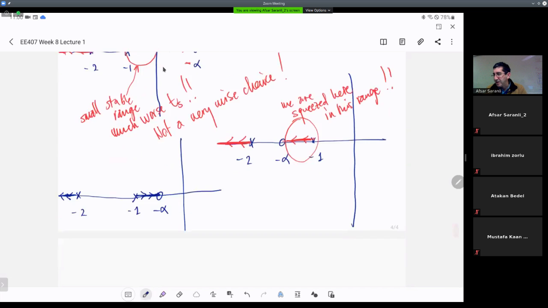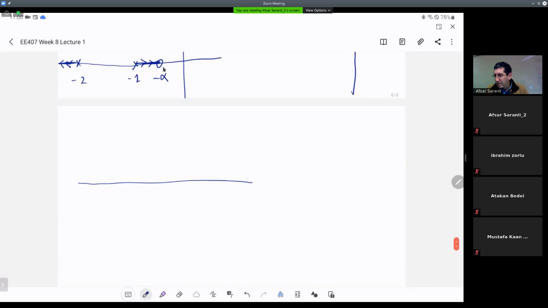Yani şöyle bir şeyden bahsetmiş oluyoruz. Pratikte mesela -1, -2 diyelim ki -1'i yok etmek istedik. Ama tam yok edemedik. O zaman ne olacak? Şöyle bir şey olacak. Yani şu bölgeye sıkışmış olacaksınız. Right? We can call this attempted pole zero cancellation.